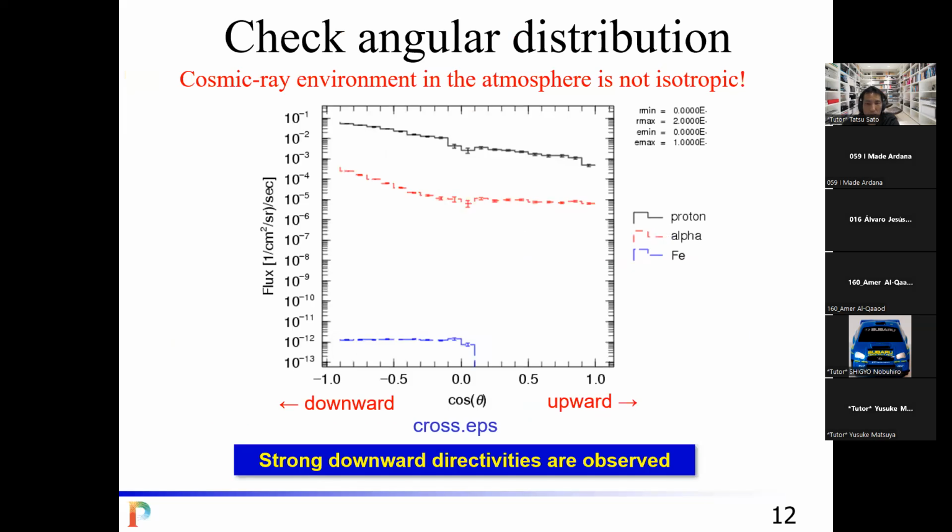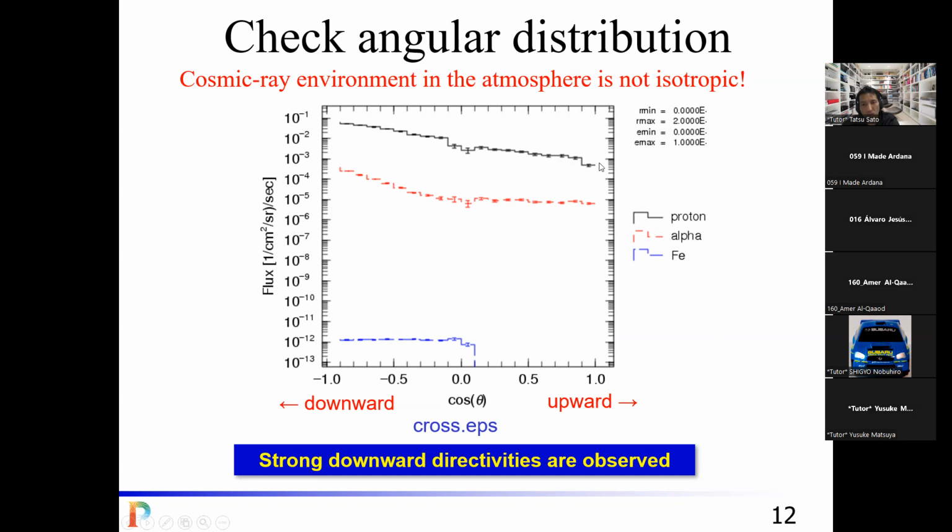Okay, so next, if you check the angular distribution, you can see this kind of distribution. Downward, upward. The cosmic ray environment in the atmosphere is not isotropic, and this anisotropy can be reproduced by the Palma model that I developed.